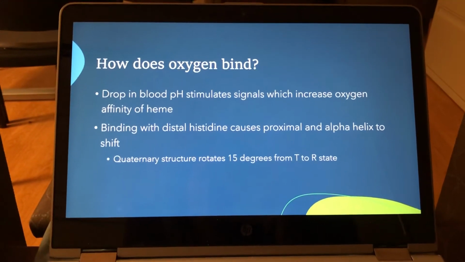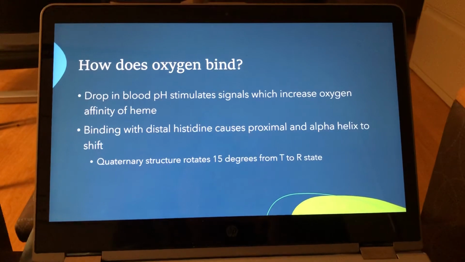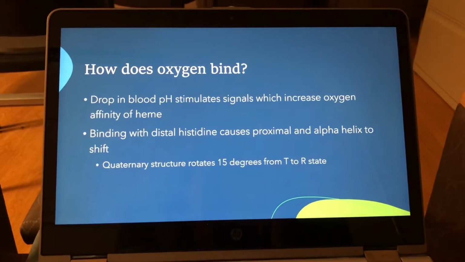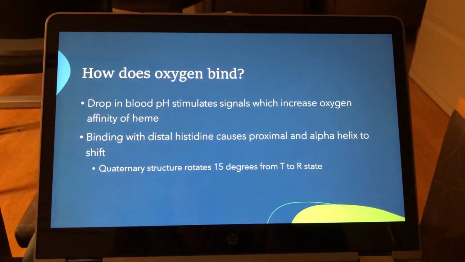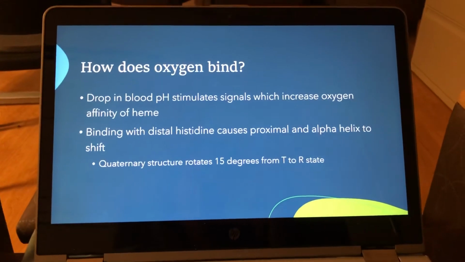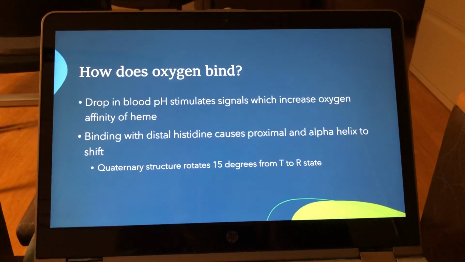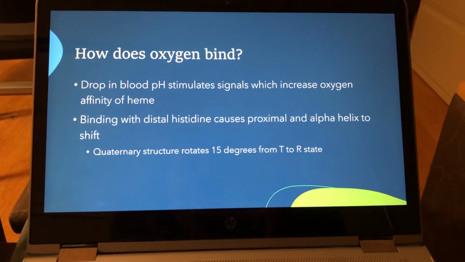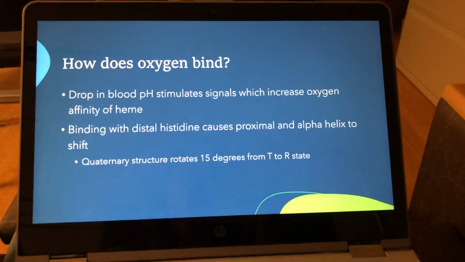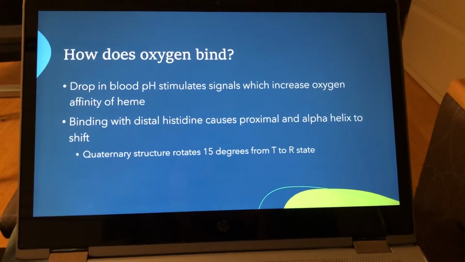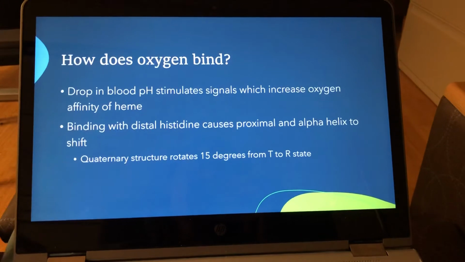And this binding with the distal histidine has a further structural relevance in that when the oxygen binds with that distal histidine, it actually causes changes in the proximal histidine in the alpha helix, which is all situated together.